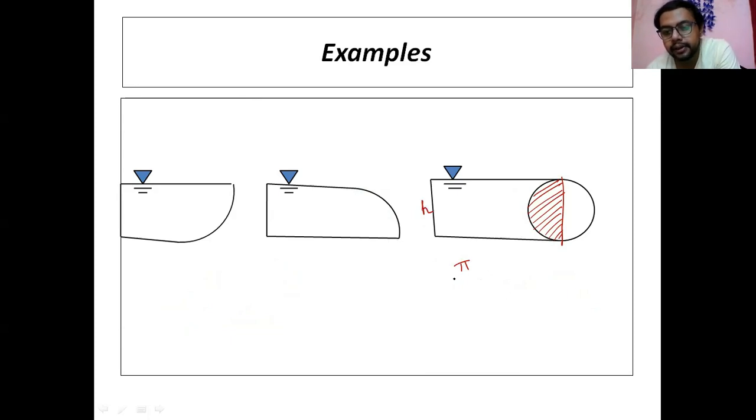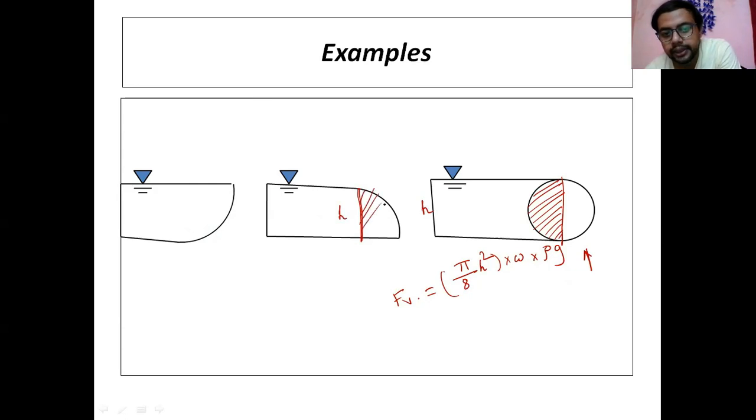So pi by 8 h square times width gives you, in this problem, the upward force. In this kind of problem, this is the h.